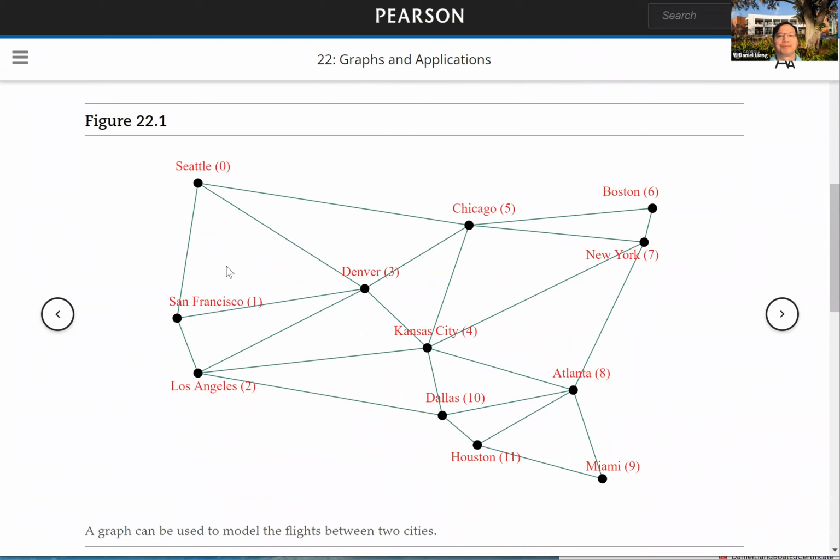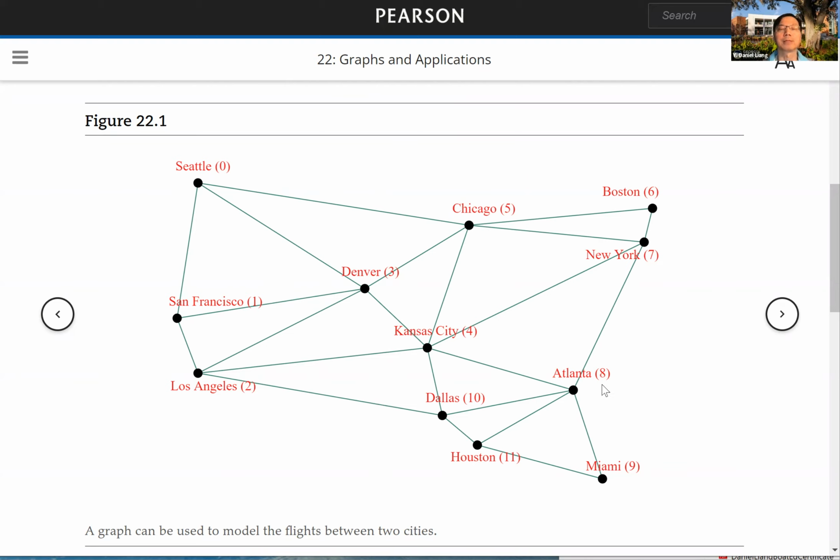For example, this is a simplified version of a map with this many cities. And we can draw a line to connect cities. It means there is a highway, for example, connecting Seattle to Chicago, a highway connecting Seattle to Denver.